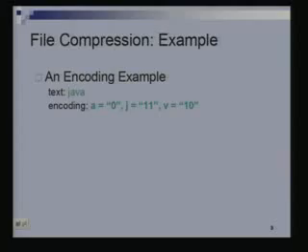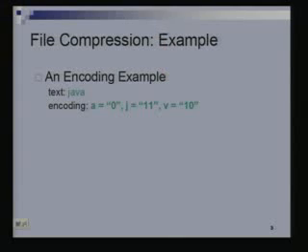And suppose I were doing fixed length encoding. How many bits should I associate with each of these? I will need at least 2. I can't do with just 1, because there are 3 different characters and there are only 2 possible values if I chose 1 bit. So, I need at least 2 bits, and if I take 2 bits, then to represent Java I need 2 times 4, 8, as straightforward as that.